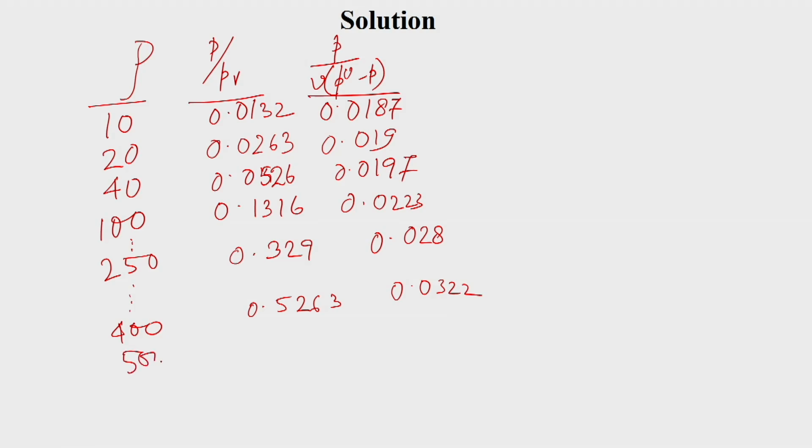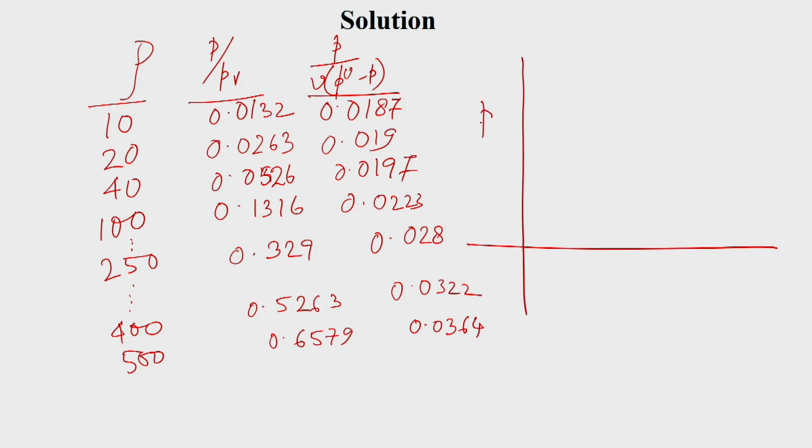For 500, we will get 0.6579 and this P by V into (P_v minus P) will be 0.0364.